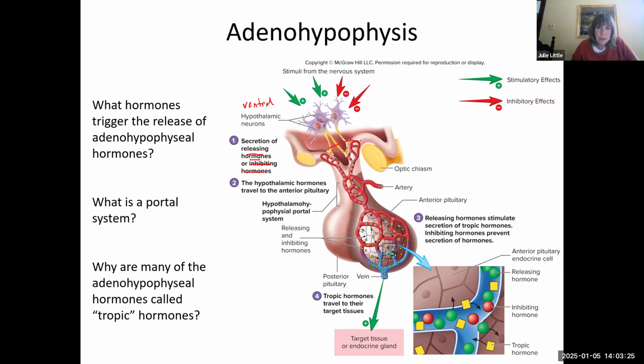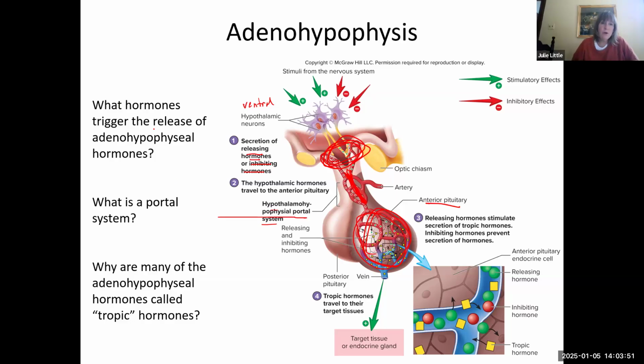Here's the first capillary bed right up in the hypothalamus, and they go through the portal vein, the hypothalamic-hypophyseal portal system, down to the second capillary bed, and these releasing hormones cause the cells in the actual adenohypophysis to release their hormones to go out to the body.